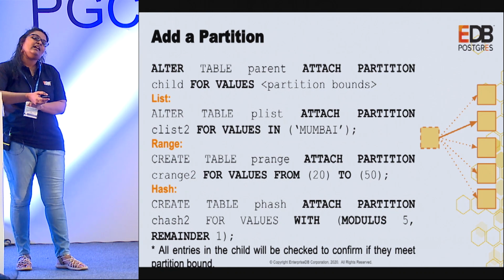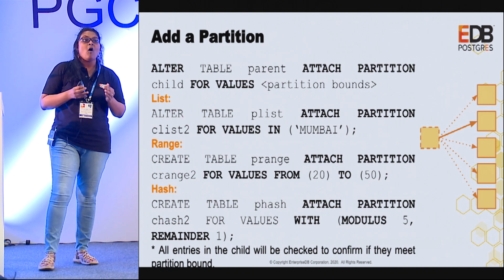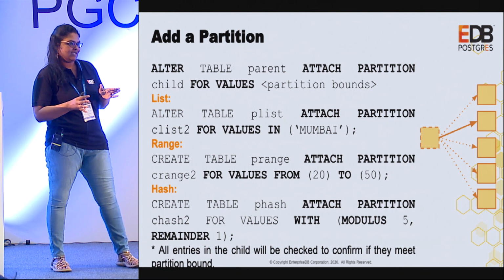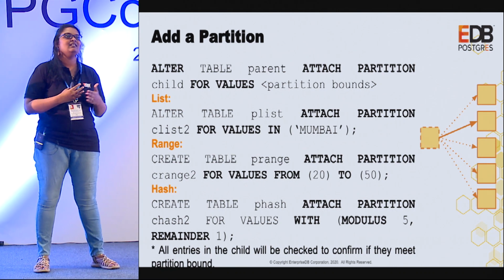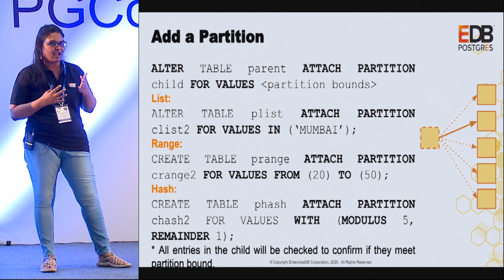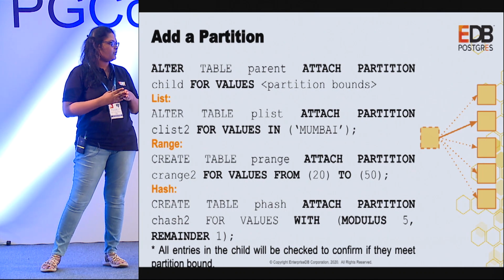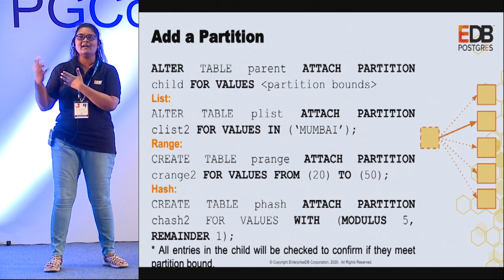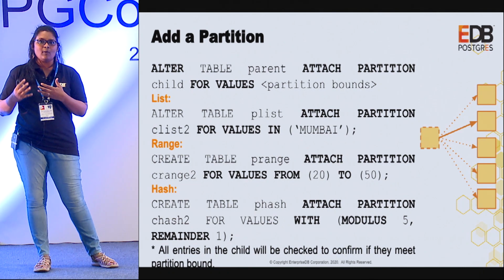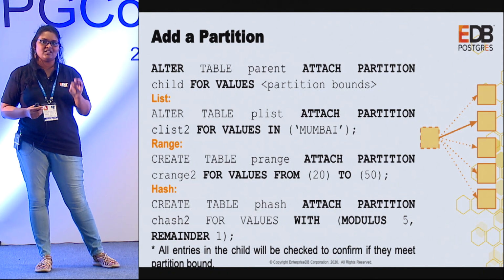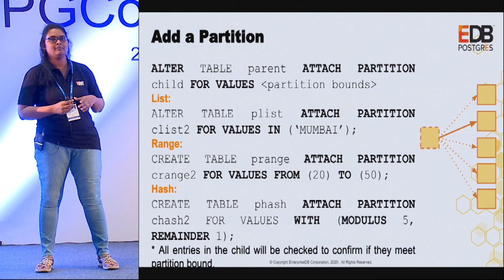One thing to note is that whenever you try to add a partition, all the data in that particular table will be checked to see whether it meets the partition bounds that you have specified. So if you have a really large table which you are adding as a partition, it can take quite some time, because all the entries are going to be checked against the bound.